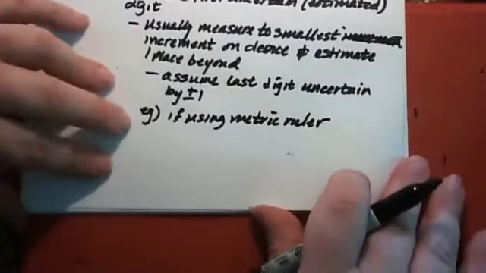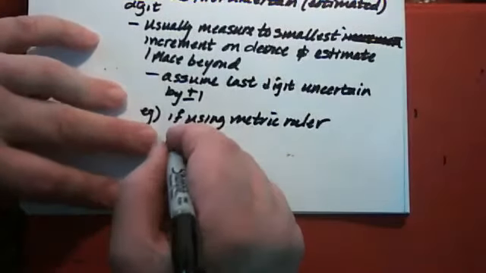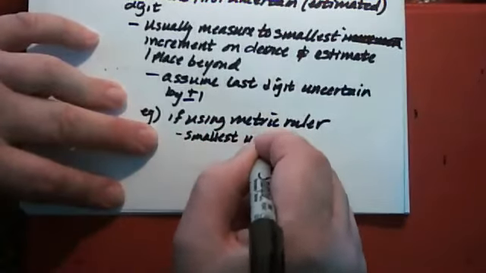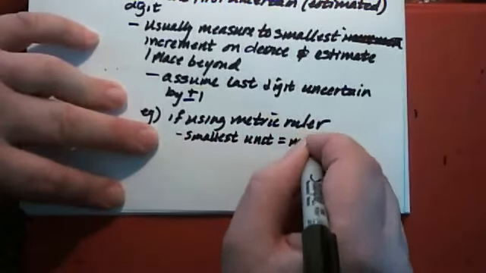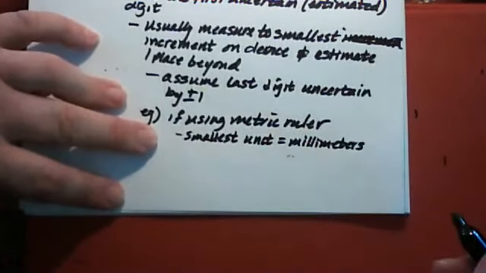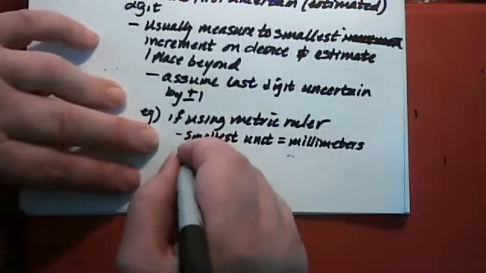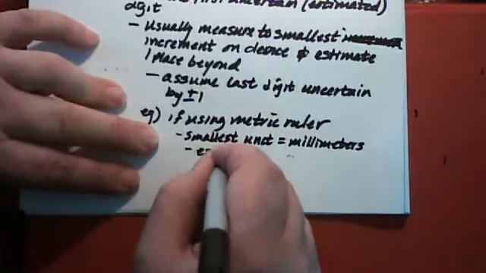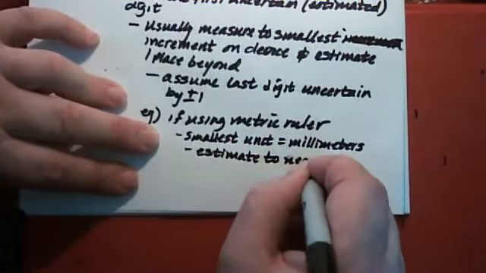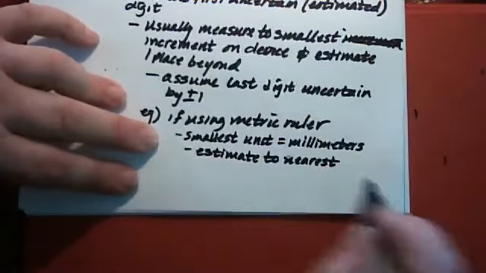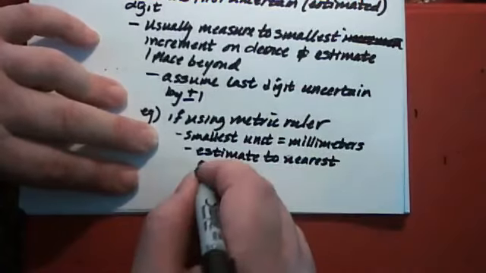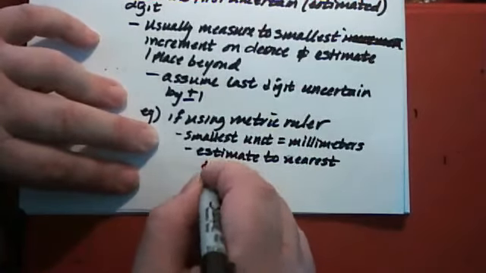And so, for example, if you're measuring something with a normal metric ruler, well, on most metric rulers, the smallest unit would be millimeters. And what you're going to do is read to the certain number of millimeters and then estimate to the nearest tenth of a millimeter.